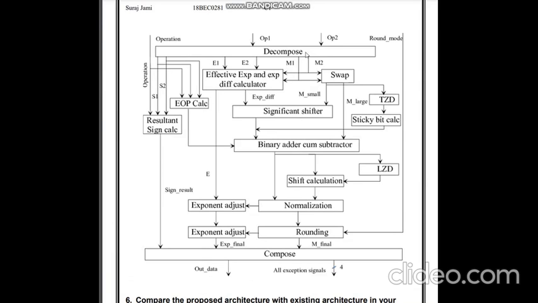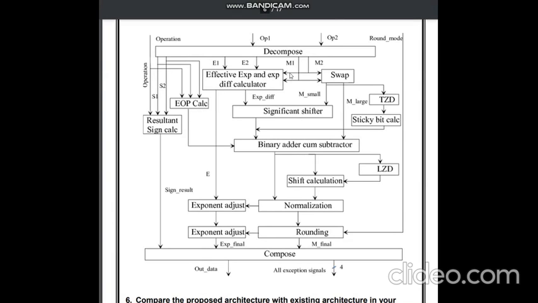The outputs from the decompose block come here, and then there is a swap between these two. Then we have the significand shifter that goes to the TZD, then to the sticky bit. From the significand shifter it goes to the binary adder/subtractor. From the EOP calculation it also goes to the binary adder/subtractor, and the swap also goes to the same.